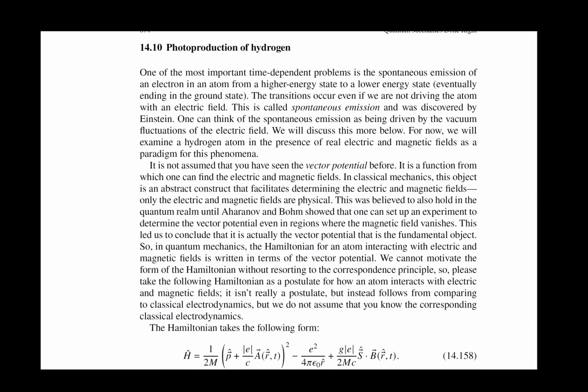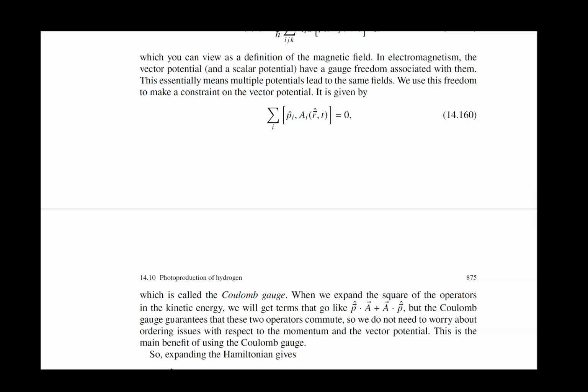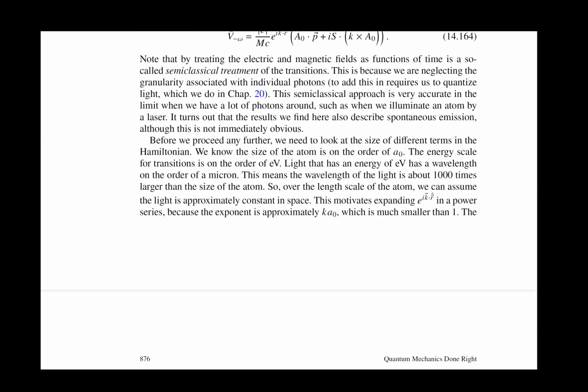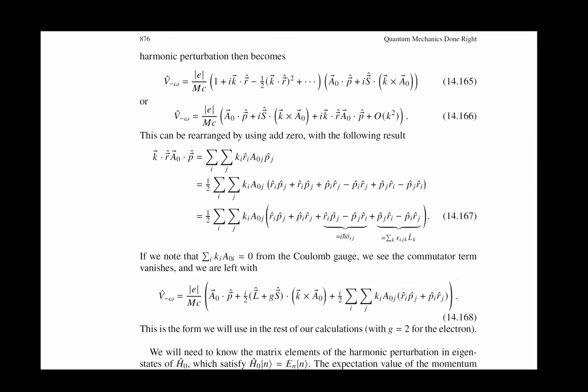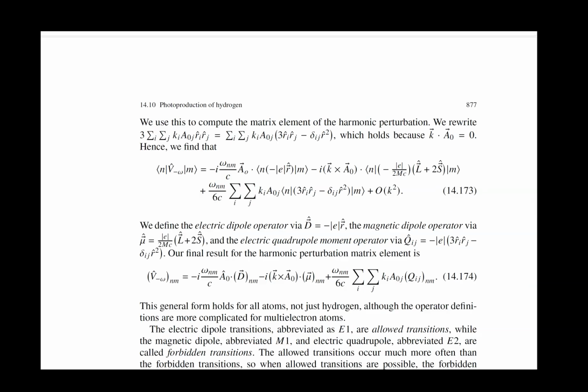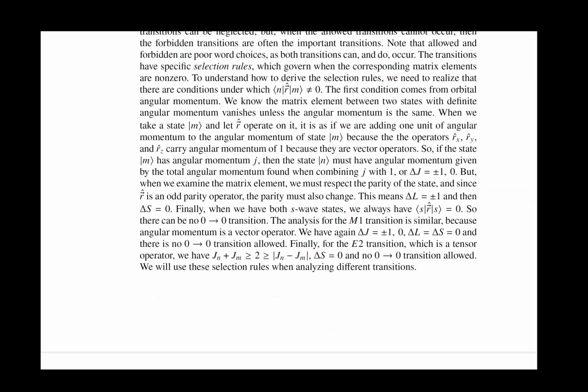Then we get to a problem that is in almost every quantum textbook, the photoproduction of hydrogen. This is looking at the transitions between excited states and the ground state, or different excited states, and how you work out the details of how that comes about. By the time you finish the calculations, you actually are calculating the lifetimes of the states.